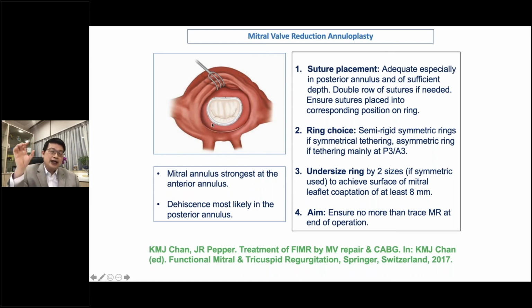We have to put in an annuloplasty ring which is a bit smaller than the size of the normal annulus, what we call a reduction annuloplasty or an undersized annuloplasty, to improve the coaptation between the two leaflets of the mitral valve and to correct the mitral regurgitation.